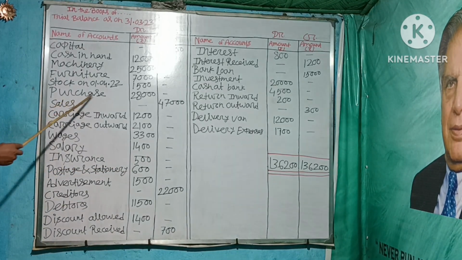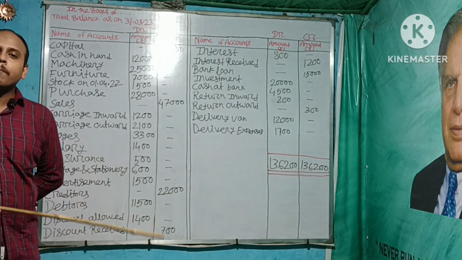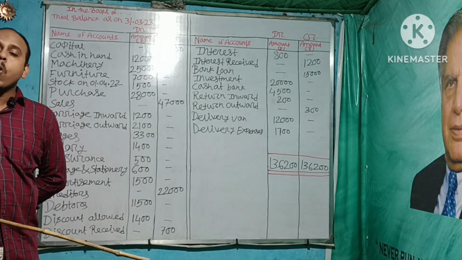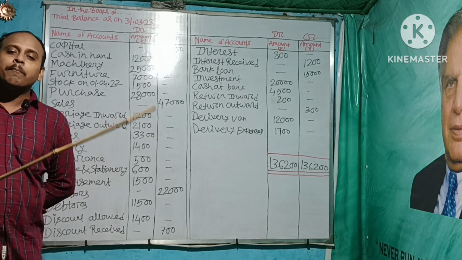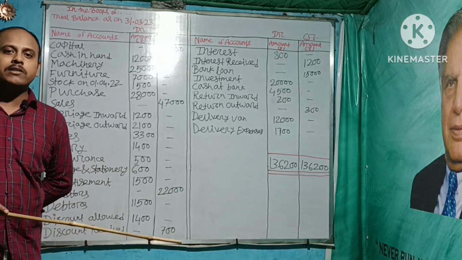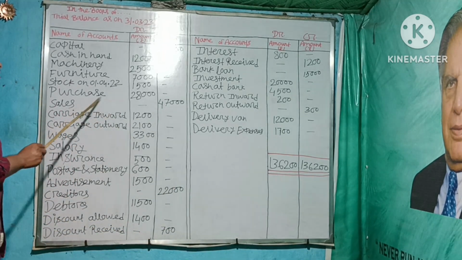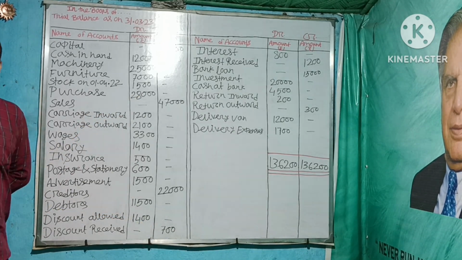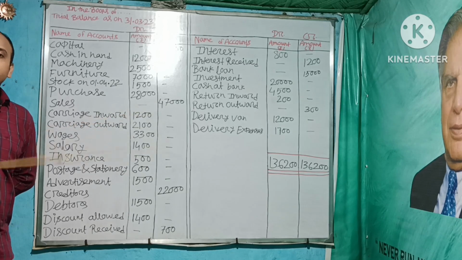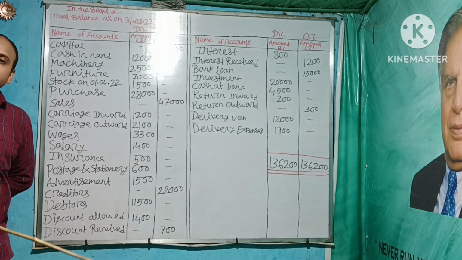Next, purchase is always a debit balance, because when any transaction happens, purchase account is debited to creditors. In the purchase account we put to creditors, and after CDBD, PD will come on the debit side. For that reason, purchase account 28,000 in the debit column, and in the creditors column we write by purchase.